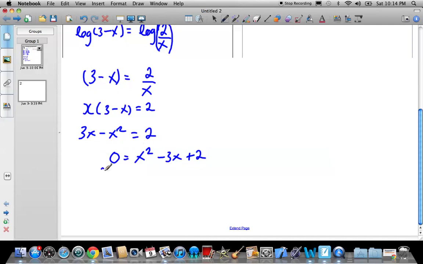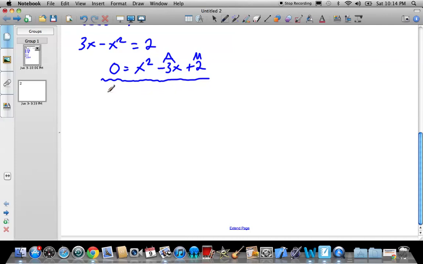Once you reach this step, you usually have a quadratic of some type. You can either use the quadratic formula or factor it. I'm just going to use the AM method. It adds to get -3 and multiplies to get 2. The answer is -1 and -2. So x minus 1 and x minus 2 is equal to 0. This is the factored form. My solutions are x equals 1 and x equals 2.